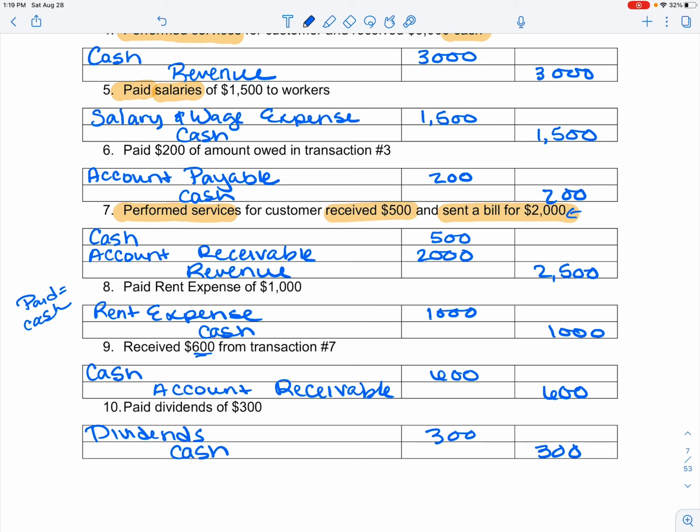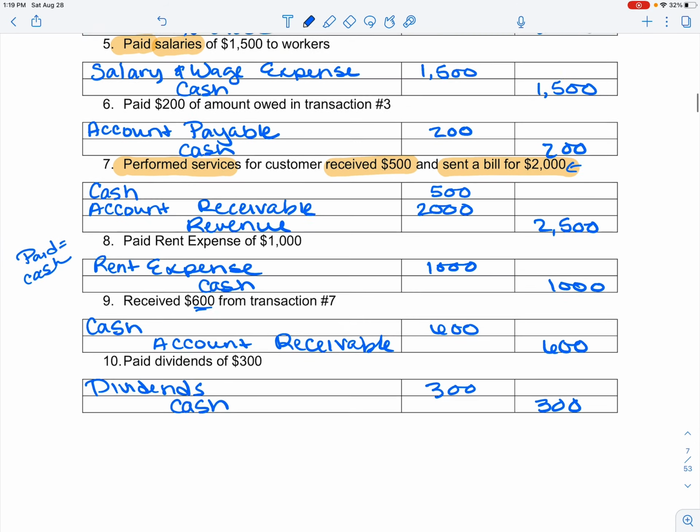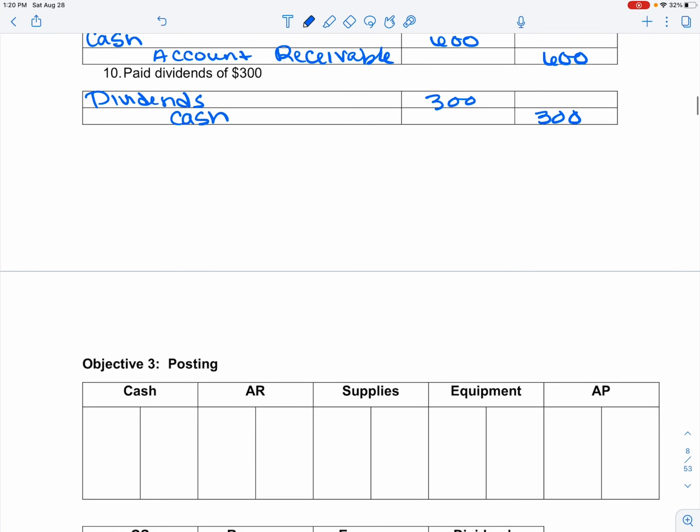So we're analyzing, we're journalizing, and now we're going to post this. When we post, we want to make sure we're taking each and every journal entry and then bringing them down to our accounts so that we can see what a final balance is in each account. So I'm going to start at the top.